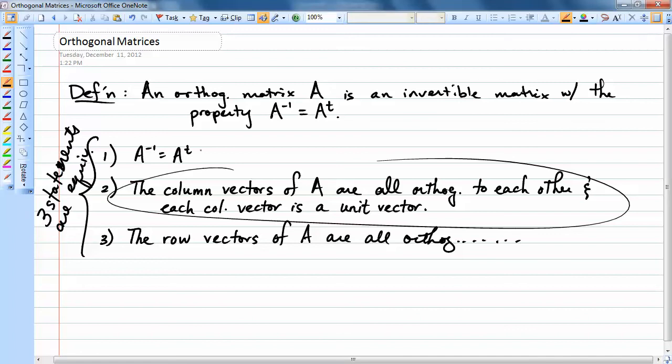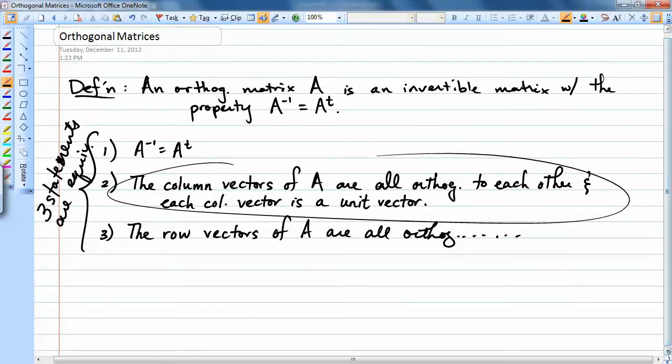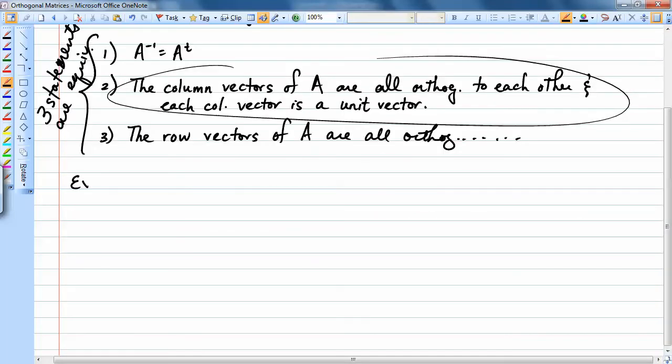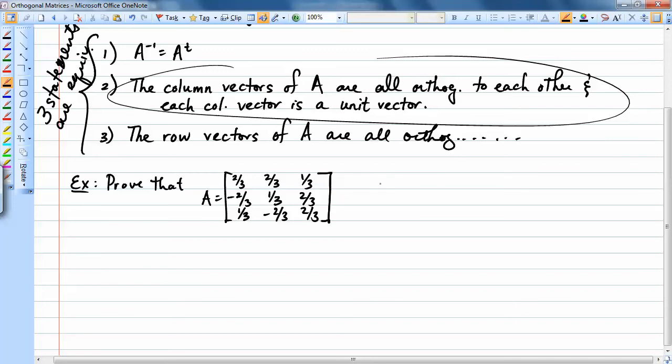Okay, so let's try looking at an actual matrix here. As an example, let's prove that A equals, and I'm going to do a 3 by 3 here, 2/3, 2/3, 1/3, negative 2/3, 1/3, 2/3, and 1/3, negative 2/3, 2/3 is our matrix A. And we want to prove that A is an orthogonal matrix.